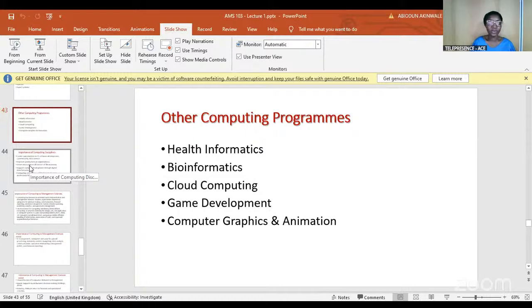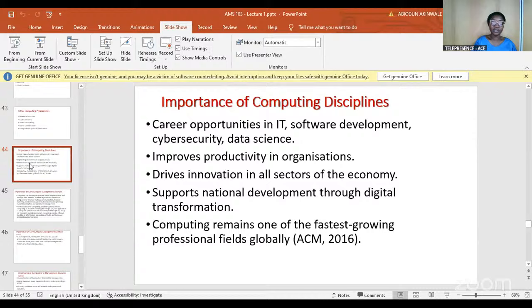Everyone has to work together. Bioinformatics, cloud computing, game development, computer graphics, and animation. All these are going on. Yes, but the ones that are much more relevant to our field, I think discussed. But if you are interested, of course, cloud computing is very much more related to us and all that.